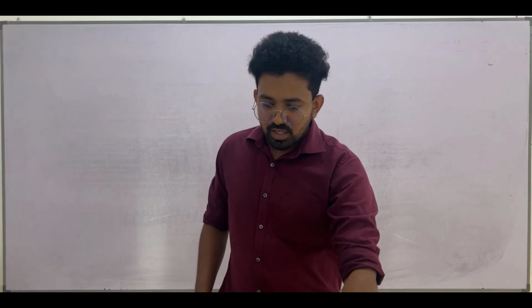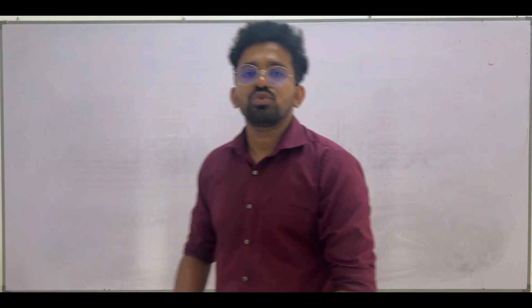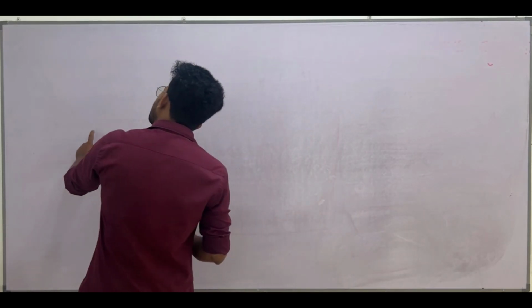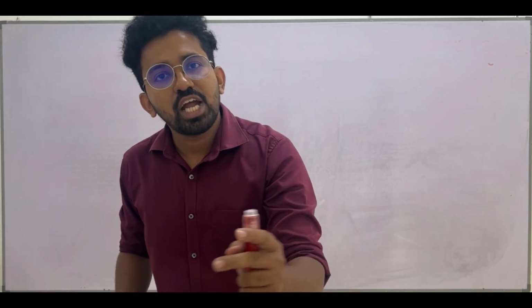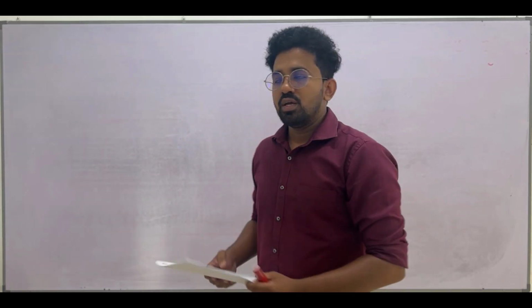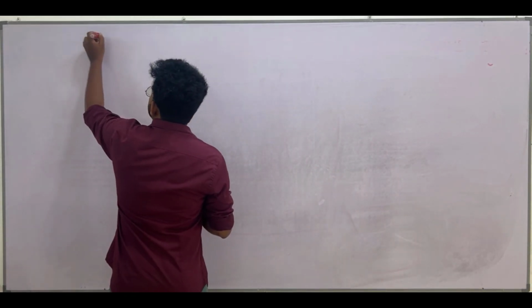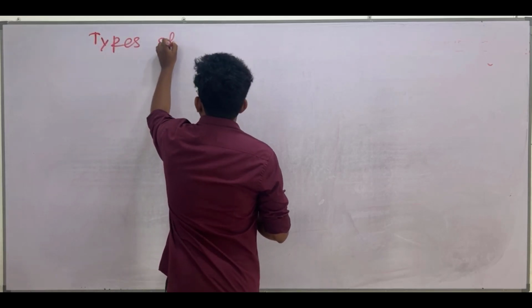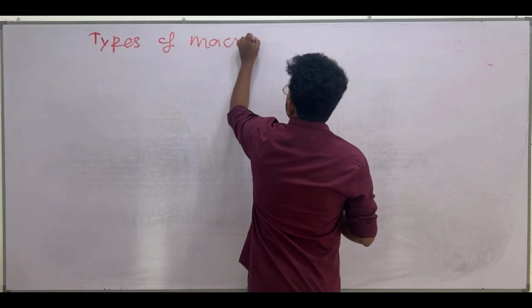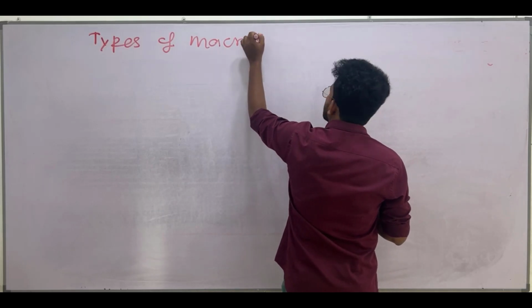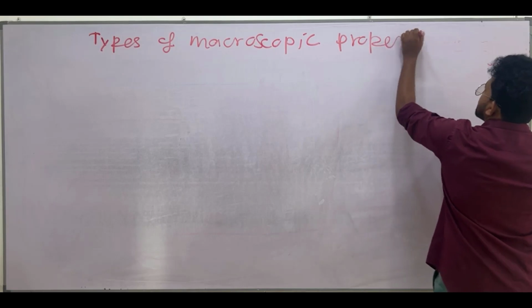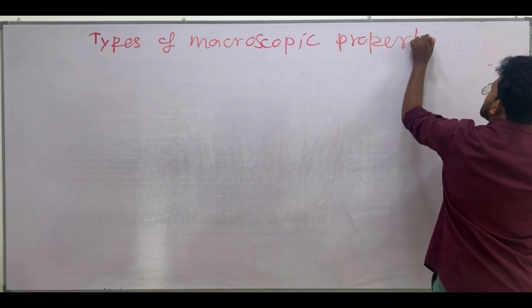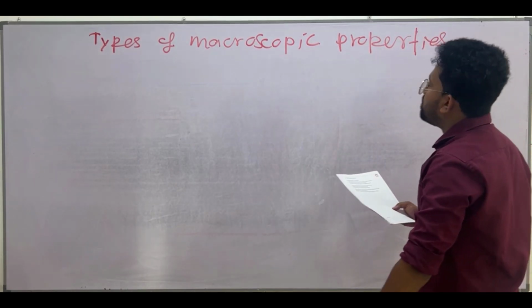The types of macroscopic properties. Now we take the macroscopic properties and divide them into two. Write down the topic: types of macroscopic properties.